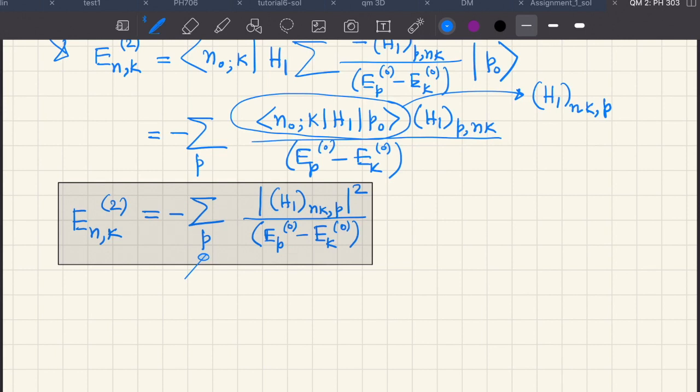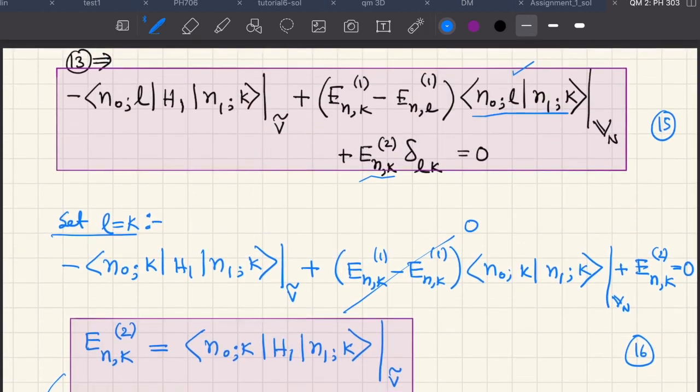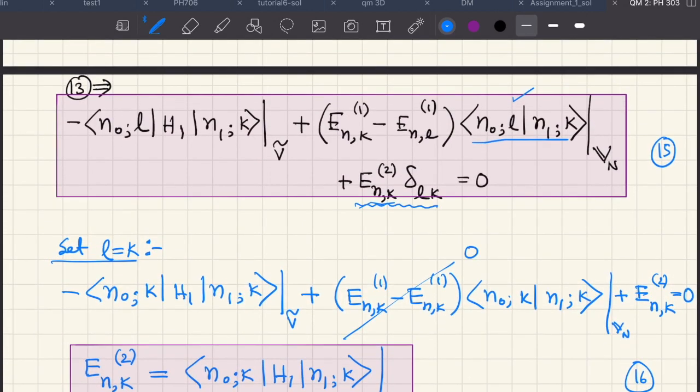So the final question is, what if we set L not equal to k? Of course, we can always set L not equal to k. Then immediately you see that this term here, enk2 delta lk, if L is not equal to k, this term is 0.